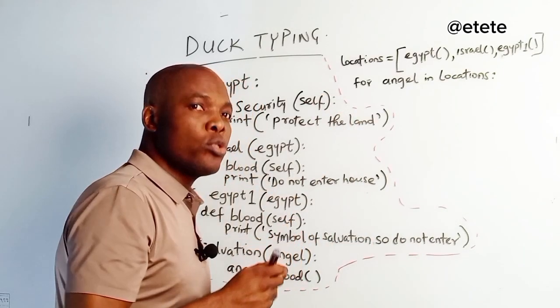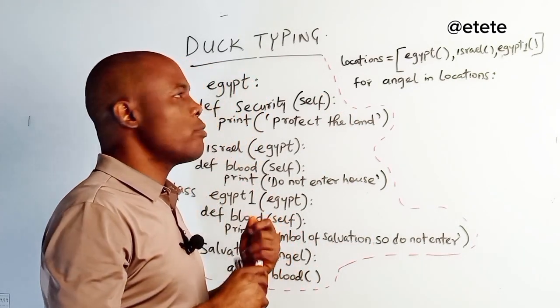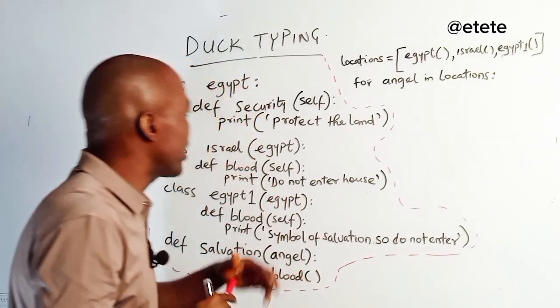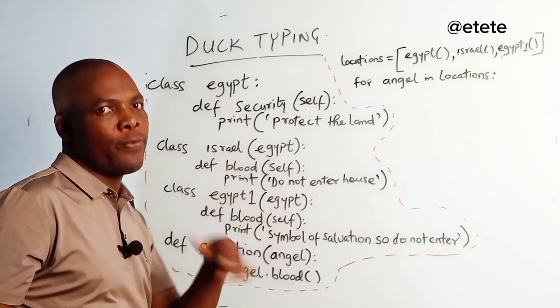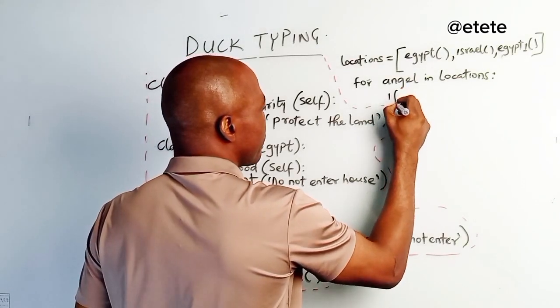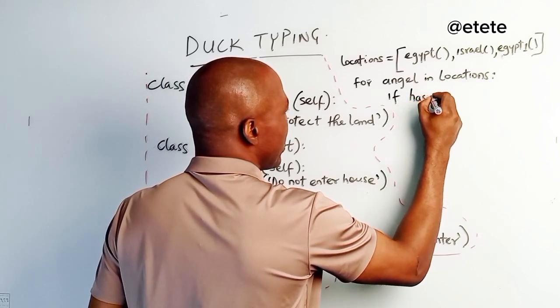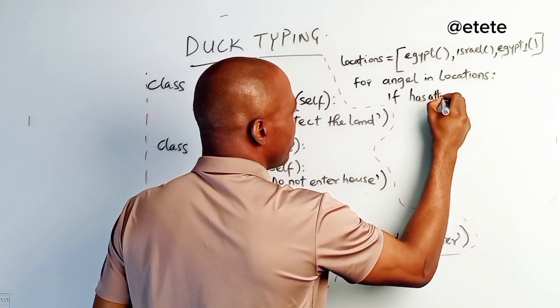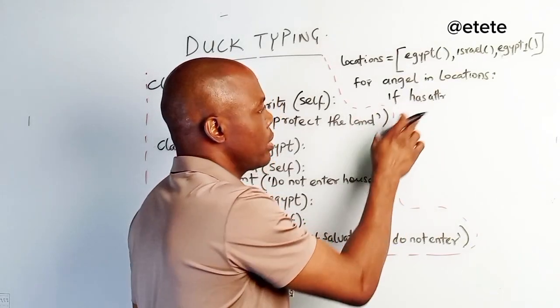Now, I'm going to use an if statement to check first and foremost if the class has a blood method before I call it. So I will call another method, hasattr. This hasattr is a function that I'm calling.